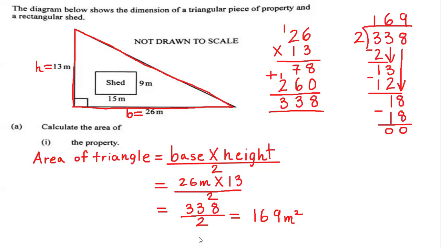Because if you look carefully, you're dealing with area and you have 26 meters and 13 meters. When you do 26 meters times 13 meters, you get 338, divided by 2 because of the division by 2. But then you have meters squared because it's meters times meters, and because you're dealing with area. You understand that? Okay, good.